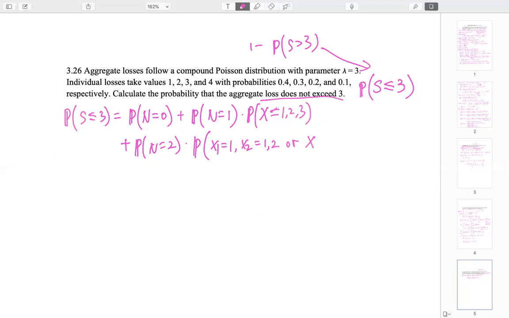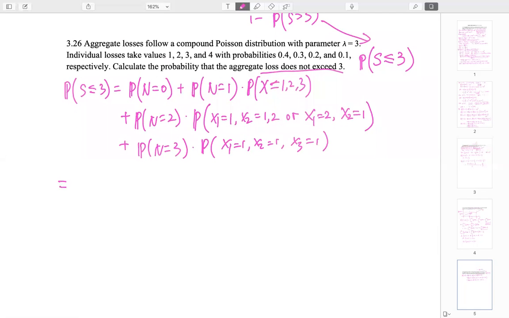Or my X1 is 2, then my X2 can only be 1, right? And that's it. My X1 cannot be 3. If my X1 is 3, X1 plus X2 will be at least 4, right? And when N is 3, then X1 is 1, X2 is 1, X3 is still 1. There's no other chance for me to get the summation to be less than 3.